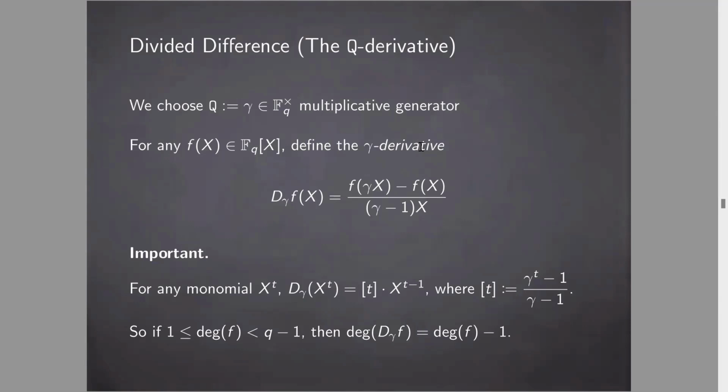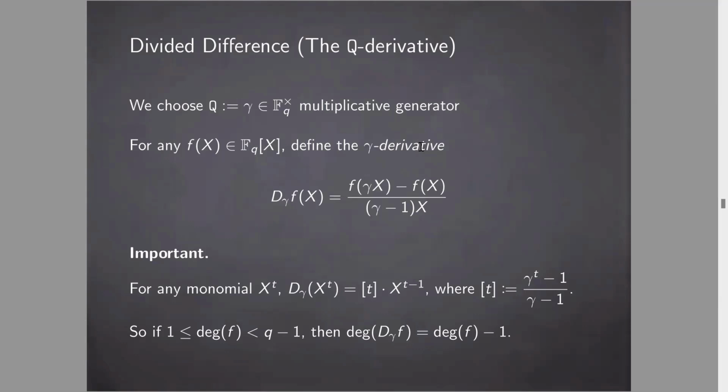In particular, what we see is that if the degree of the polynomial is at most q minus 2, then the degree of the derivative of f with respect to gamma is equal to degree f minus 1. This is similar to what we observe in case of the classical derivative, but what is important here is that the degree is exactly equal to degree f minus 1.